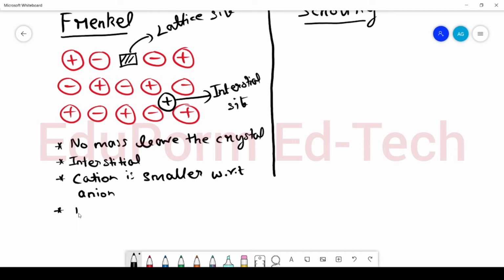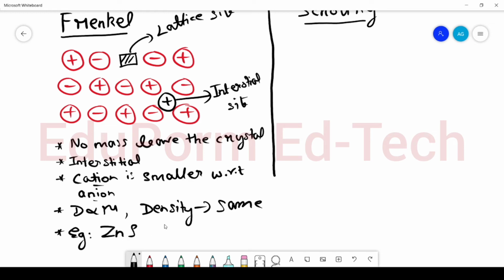And as we know, the density is directly proportional to mass, and since the mass is not changing, the density will remain the same. As I already said, the cation will be smaller and the anion will be larger with respect to the cation. So the examples include ZnS, that means zinc sulfide, and AgBr.